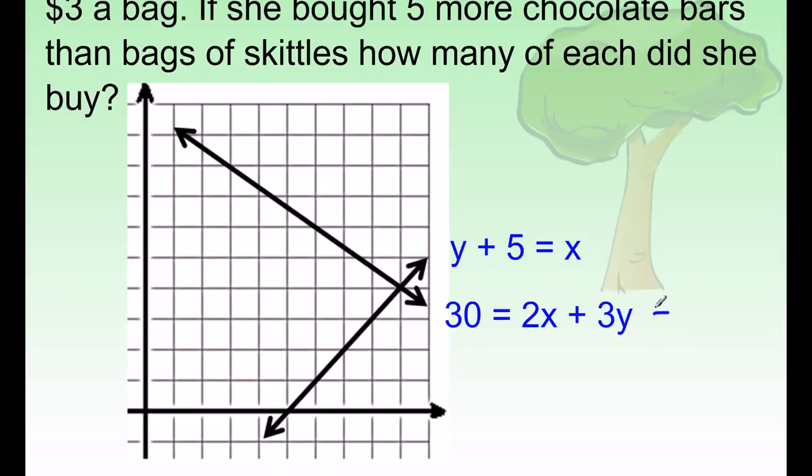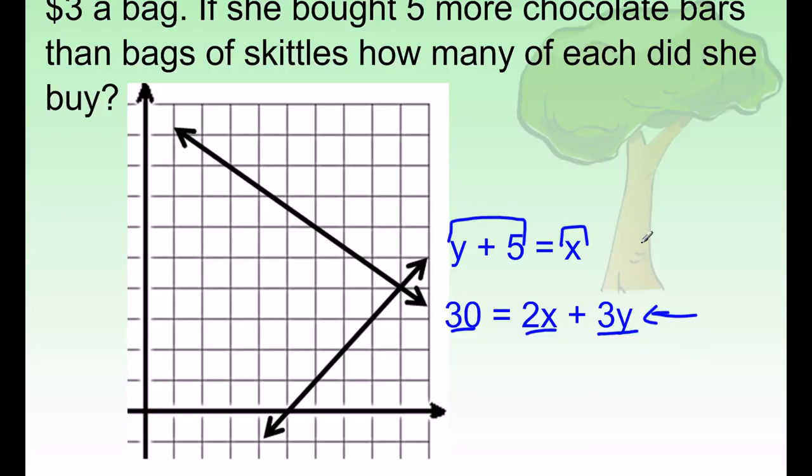This was the scenario where she spent $30 and bought chocolate for $2 each and Skittles for $3 each. This line shows the scenario where she bought 5 more chocolate bars than Skittles. So the number of Skittles, if you add 5, would be equal to the number of chocolate bars. And here they are, both graphed on the same graph space.